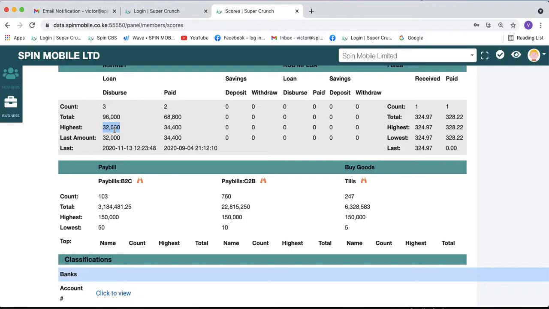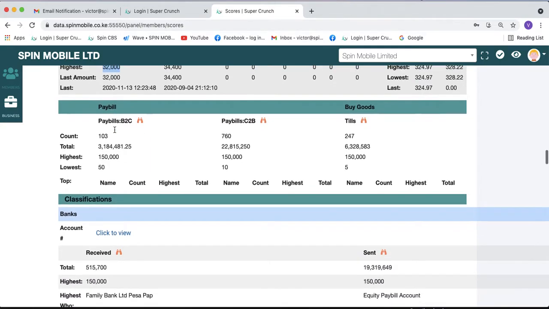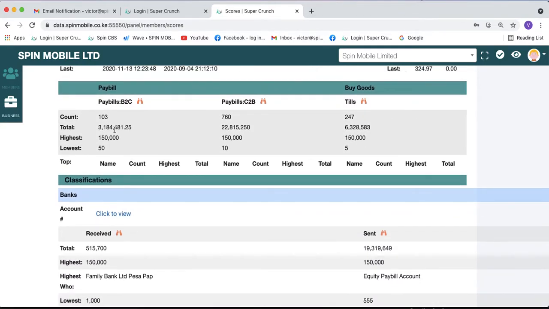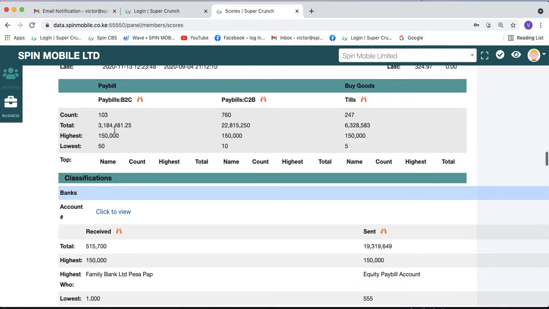And of course, knowing the limits that other institutions have given this individual, you can be able to track the loans that were borrowed. That particular limit, were they able to repay on time, or how many days do they take before repaying the loan? That becomes important in predicting whether this individual will be able to afford the loan that you're giving, and of course, map out your risks.